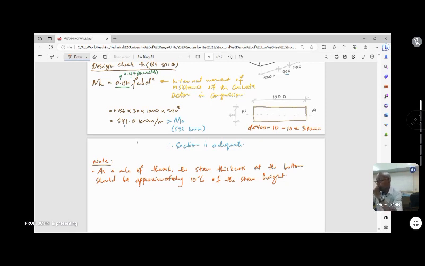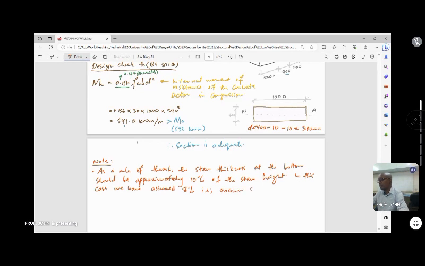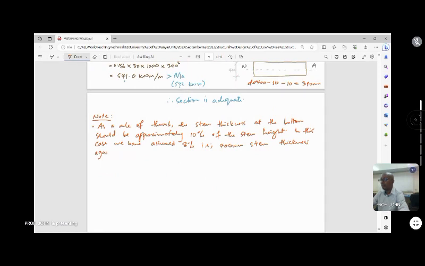In this case, we have assumed 8%, that is 400 millimeters stem thickness against 5,000 millimeter stem height.